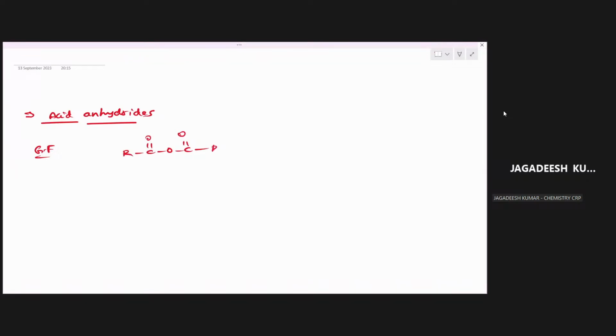Alkyl groups are there on both sides, R and R dash. They may be the same or different, no problem. R is nothing but an alkyl group, and its formula is CnH2n plus 1.